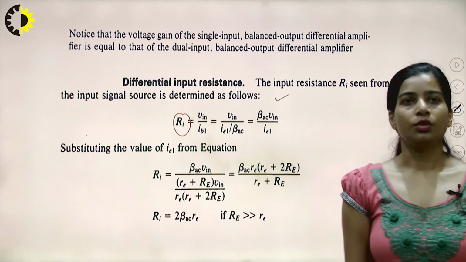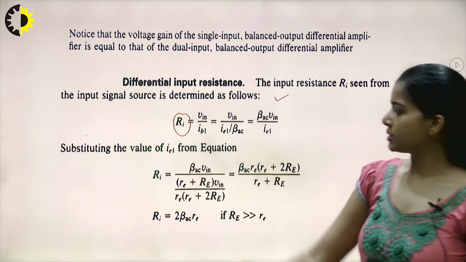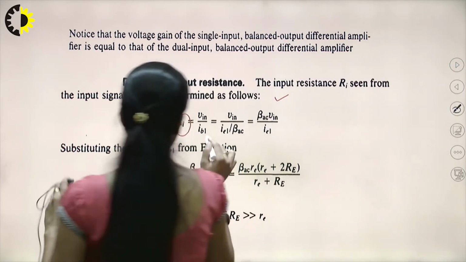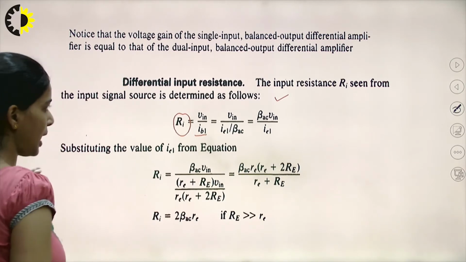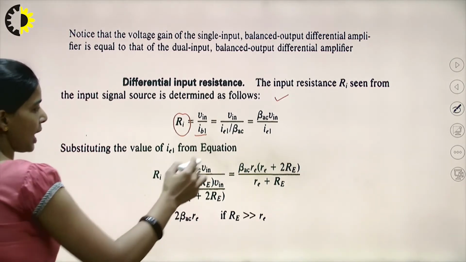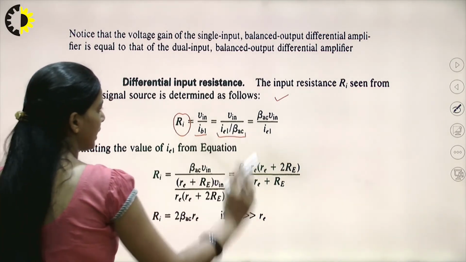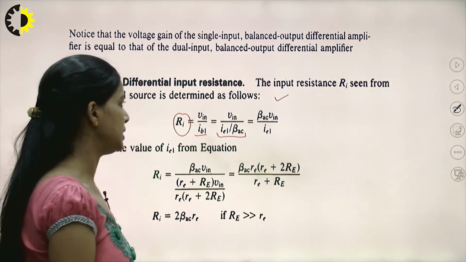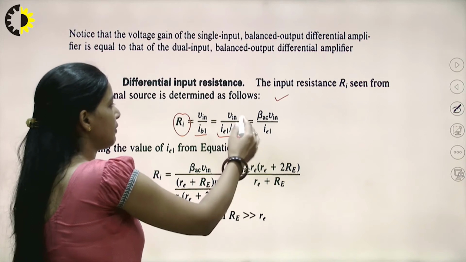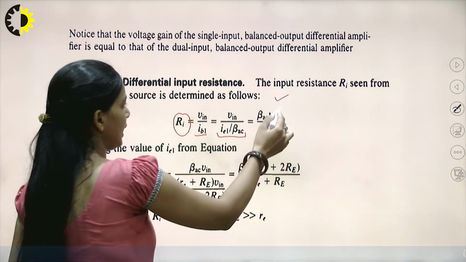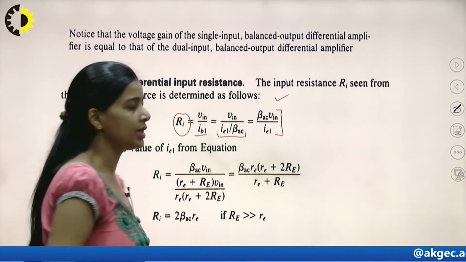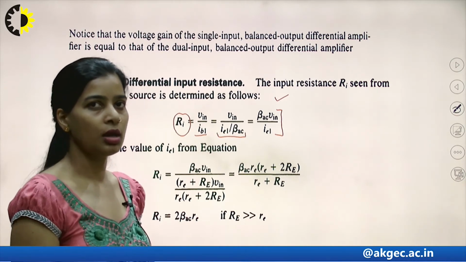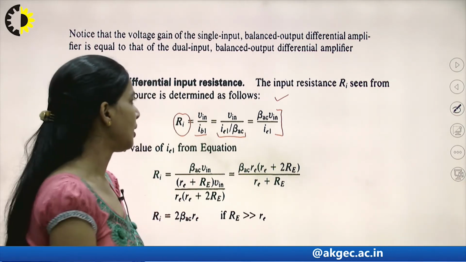From V is equal to IR, we can write resistance is equal to Vin upon the input current IB. That IB is replaced by IE1 by beta AC. So beta will move to the numerator and we get it as beta AC Vin upon IE1.